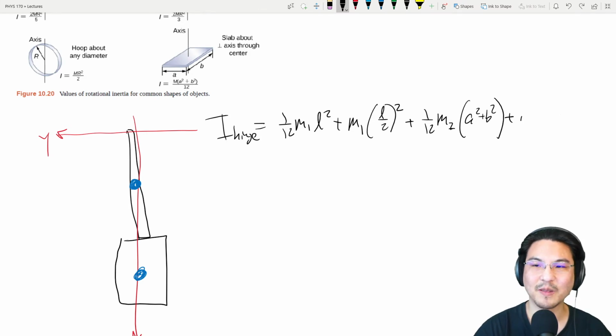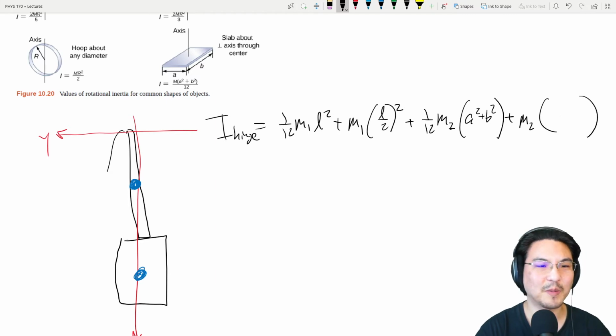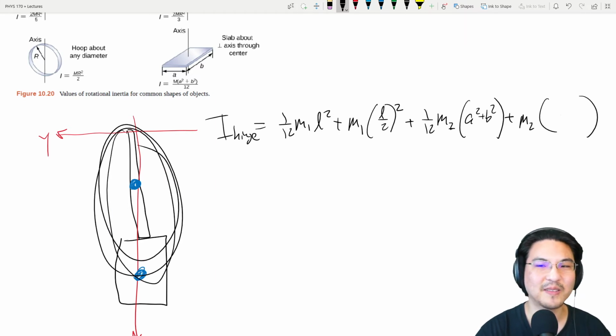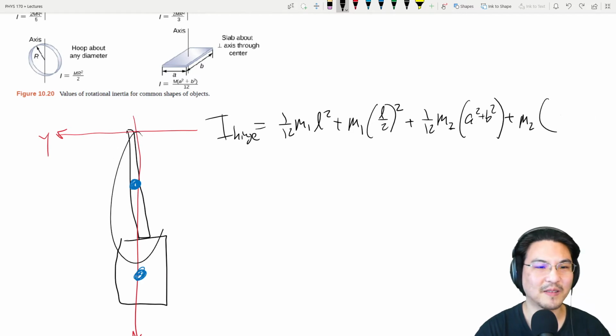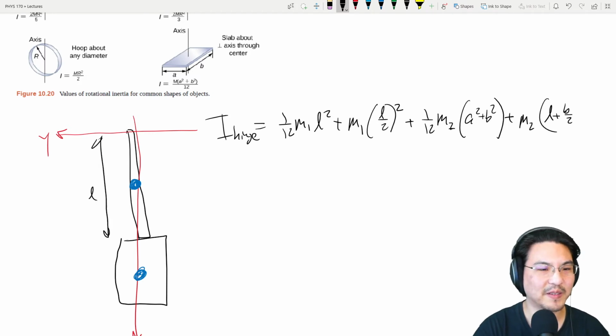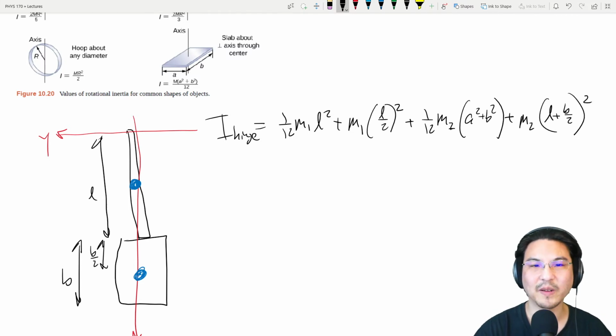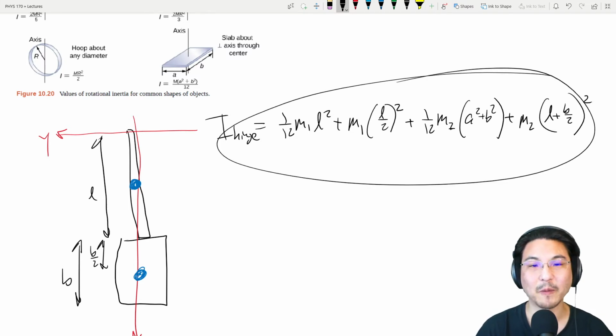How much extra? The mass of the slab times the distance between these two parallel axes squared. Okay, so how far is this? L plus b/2, right? Because here to here is L, here to here is b, here to here is b/2. So L plus b/2 squared. So that's the moment of inertia about the hinge.